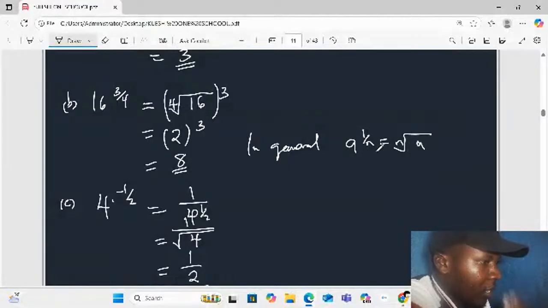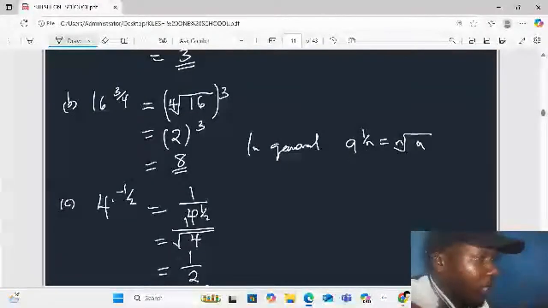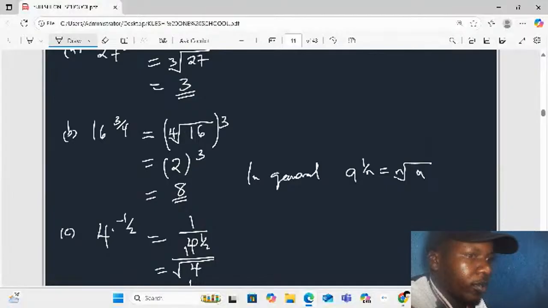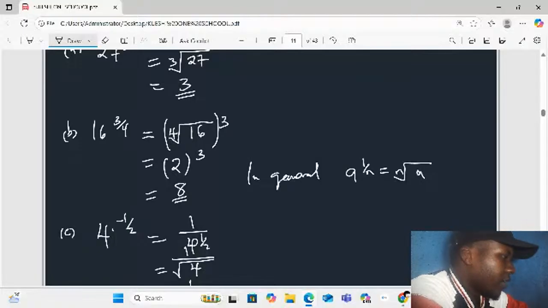So A to the 1 over n is equal to the nth root of A. And still, as we've applied in example 1, have that one.